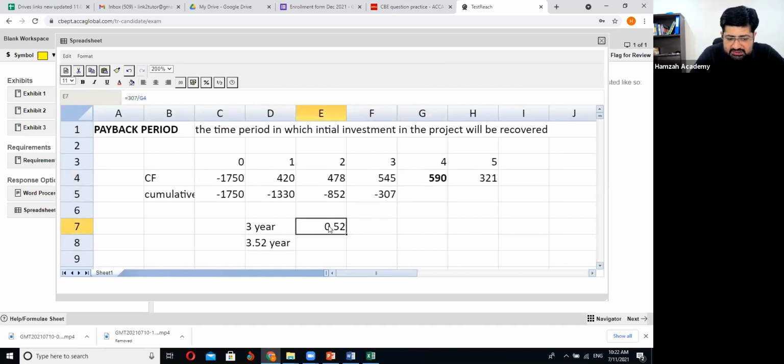So 307 divided by year 4. So 0.52. So 3.52 is the payback period of this project. That the project will repay its investment in 3.52 years.